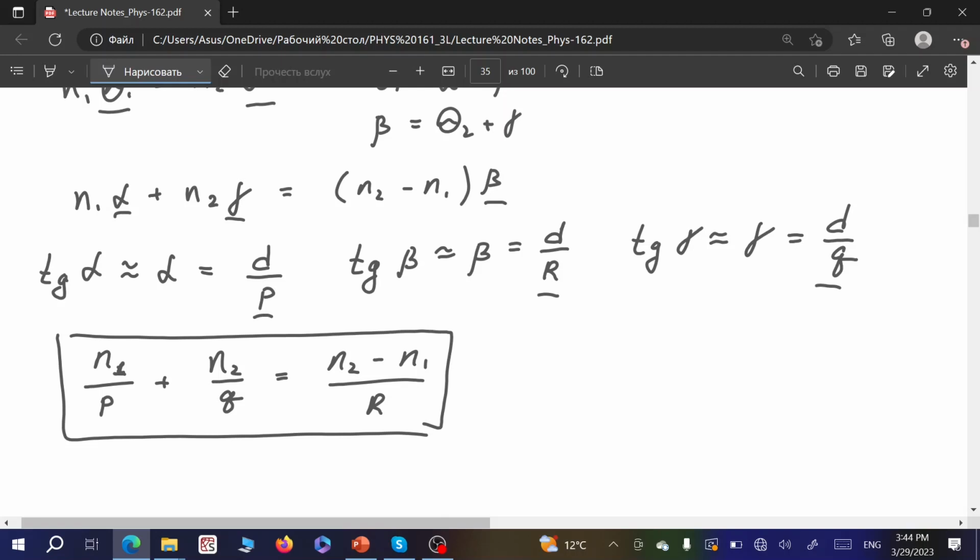So a simple specific case will be a flat surface. So when we have just a flat surface, it means that the radius of the curvature approaches infinity. And obviously, our ultimate goal here will be to consider the so-called thin lens. Most real lenses are considered as thin lenses.